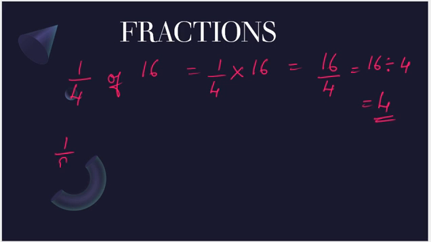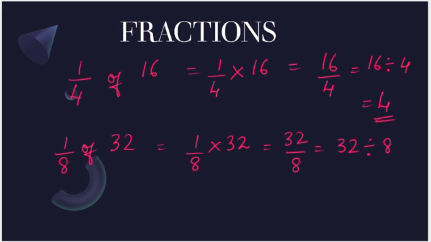What could be 1 by 8 of 32? Let's solve it. 1 by 8 of 32 can be written as 1 by 8 into 32, which is 32 upon 8. 32 is the numerator, 8 is the denominator. That means 32 divided by 8, which is equal to 4 again.